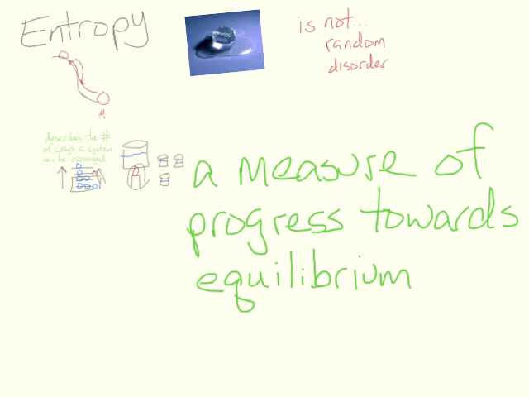The molecules might be changing their physical spatial arrangements, or they might be changing their energetic arrangement. But one way or another, as a system is moving towards equilibrium, it is changing its physical or energetic arrangement. And entropy really is a measure of the extent to which we have progressed towards equilibrium.